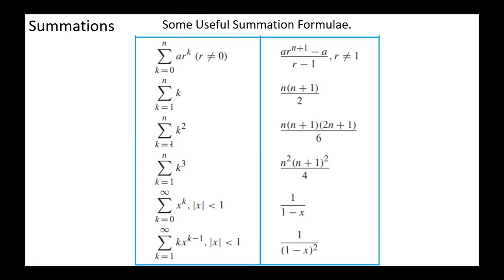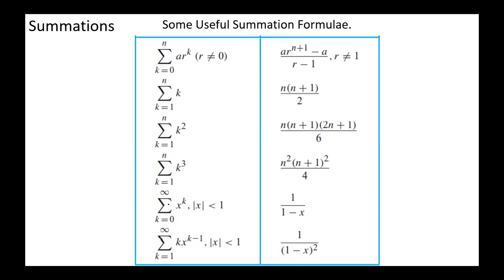And summation k equals 1 to n of k squared equals n multiplied by n plus 1 multiplied by 2n plus 1 over 6. Summation k equals 1 to n of k to the power 3 equals n squared multiplied by n plus 1 squared over 4.